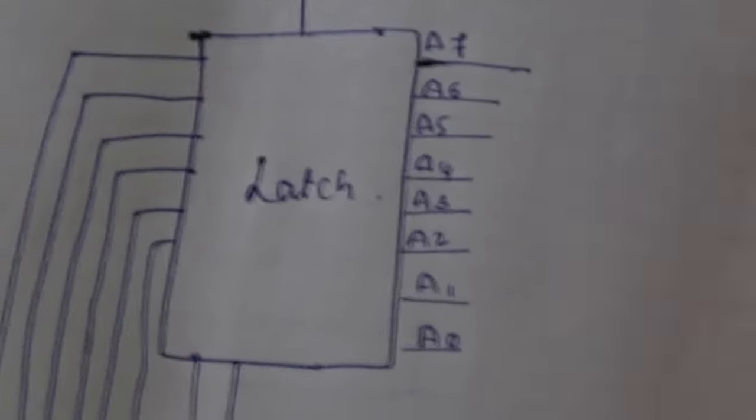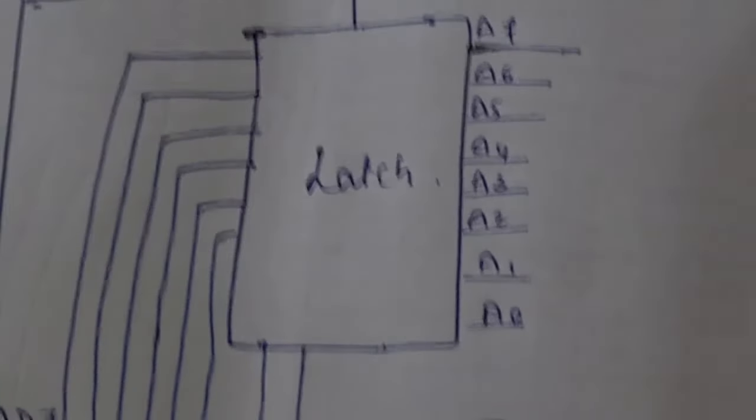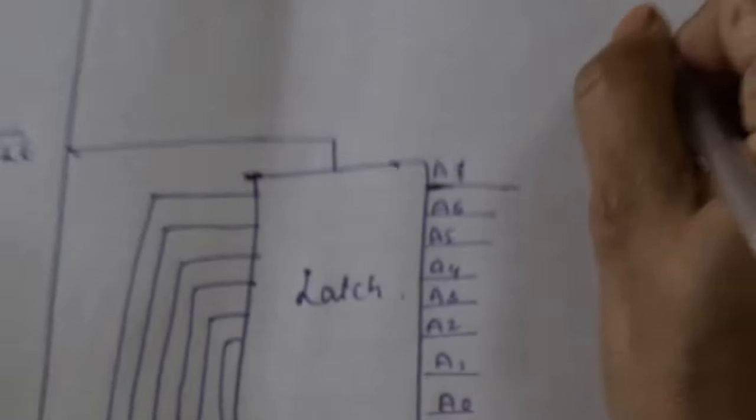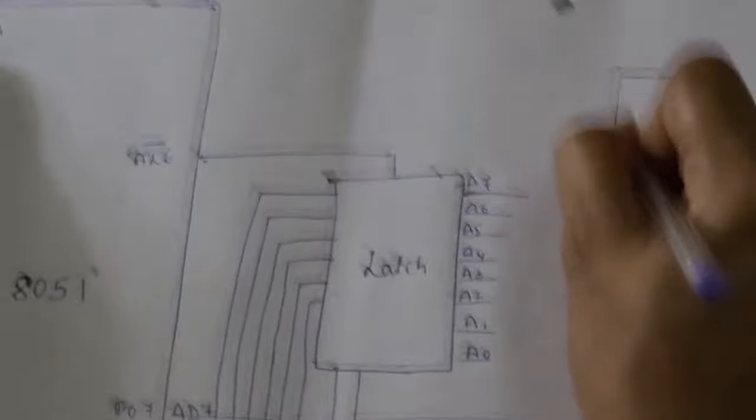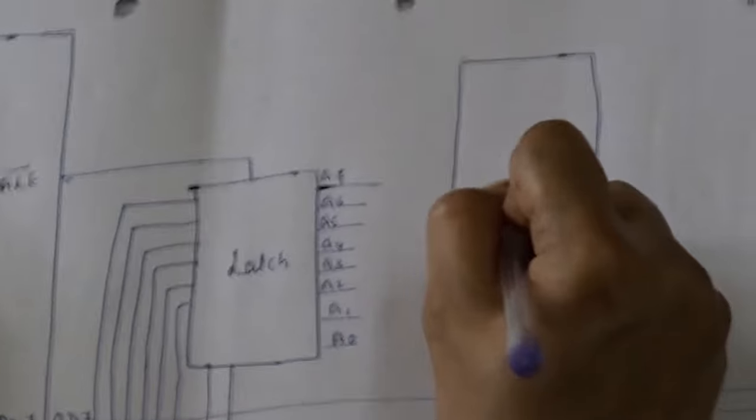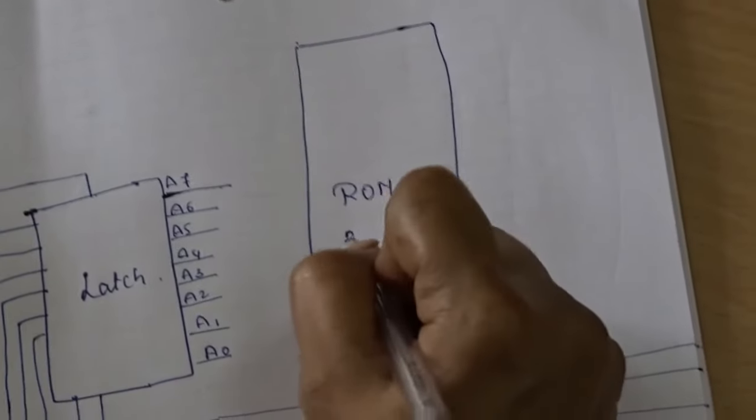Okay. Now we need to connect it to RAM as well as ROM. So let me draw the block of ROM. It is mentioned that the ROM capacity is 32 kilobytes.